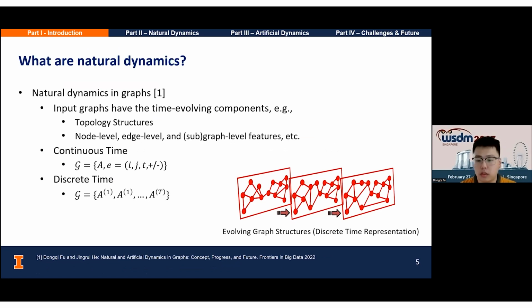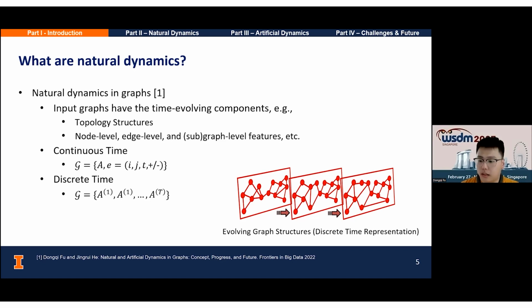After introducing the graph neural networks, let's look at what natural and artificial dynamics in graphs are, respectively. First, natural dynamics suggests that the input graph has time evolving components, for example, the topology structures, the node level or edge level features, etc. Moreover, we have the continuous and discrete representation of time.